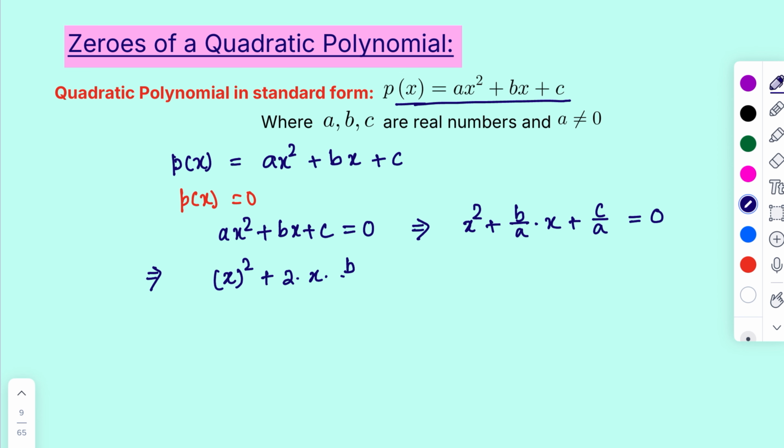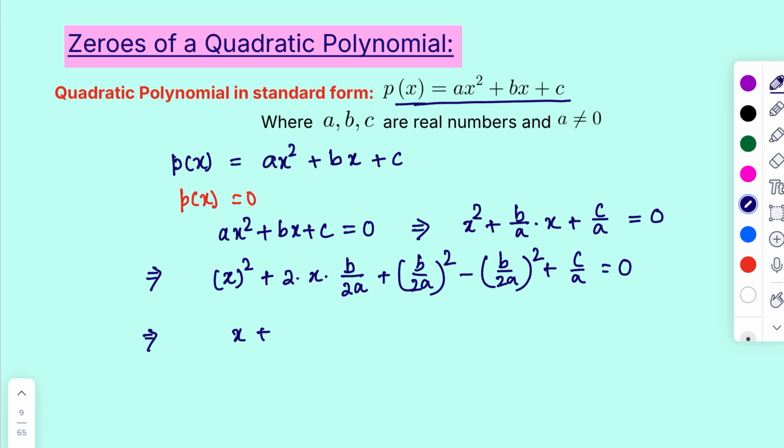We will rearrange it by writing b into b by 2a. So it will be equal to b by a into x plus we will write b by 2a whole square. Again minus b by 2a whole square plus c by a is equal to 0.